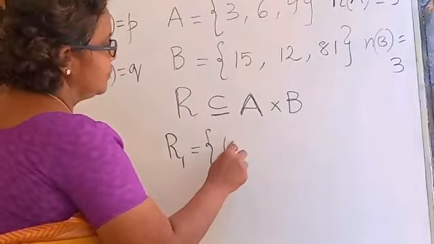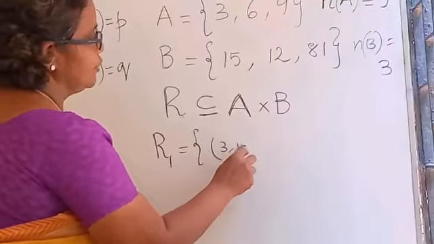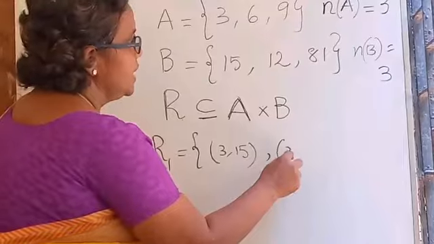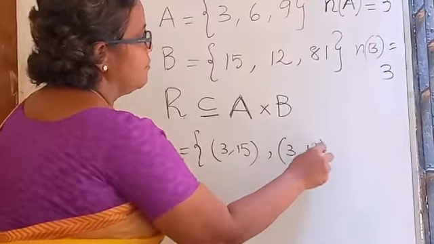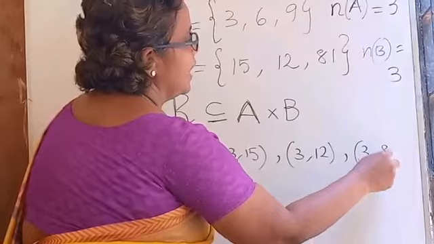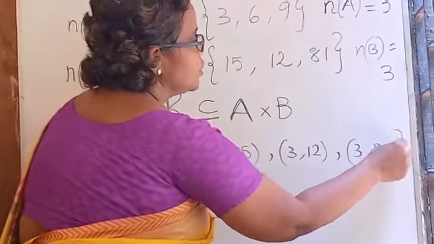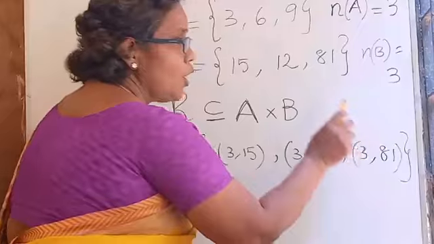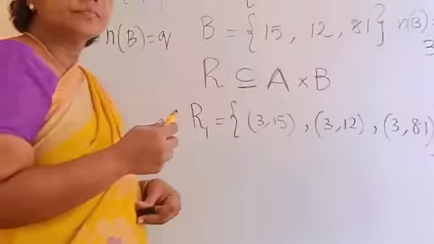Say 3, 15, 3, 12, 3, 81. So this relation consists of only 3 ordered pairs.